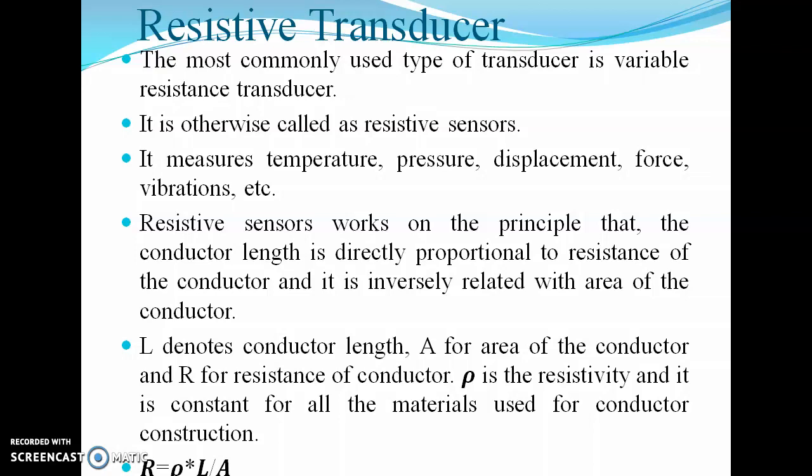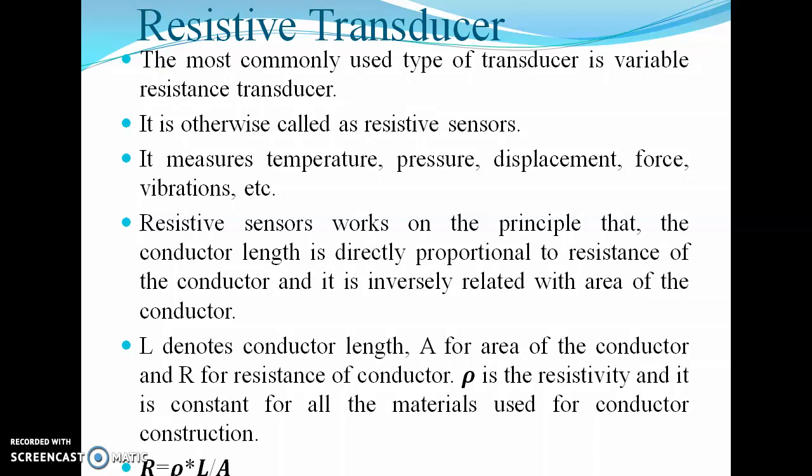So these resistive sensors work on the principle that the conductor length is directly proportional to the resistance of the conductor and it is inversely related to the area of the conductor. So it works on this principle.